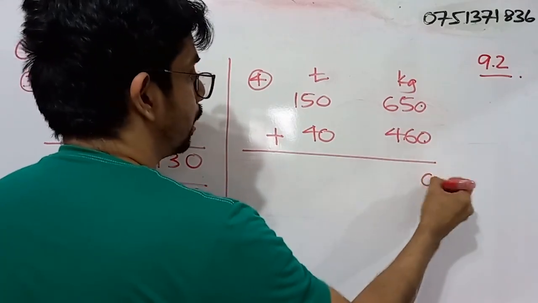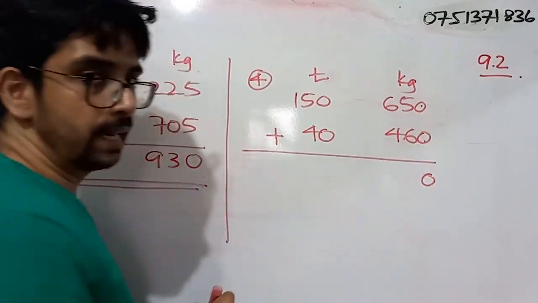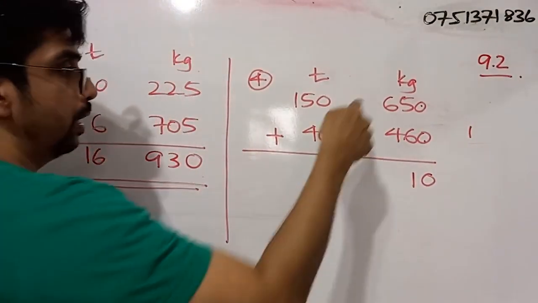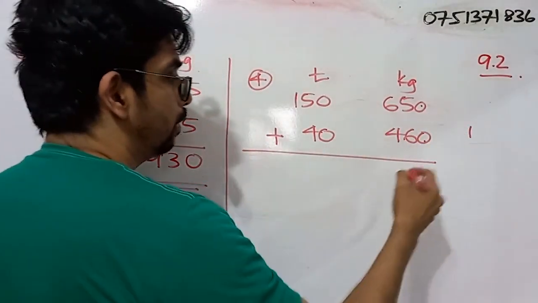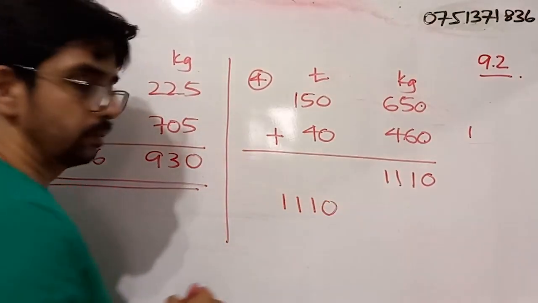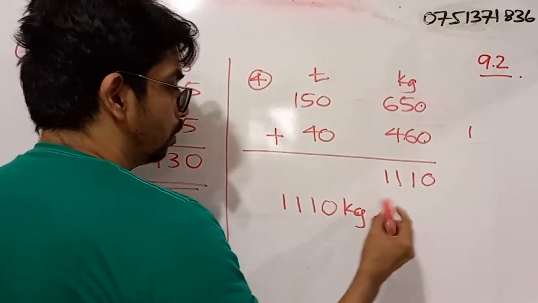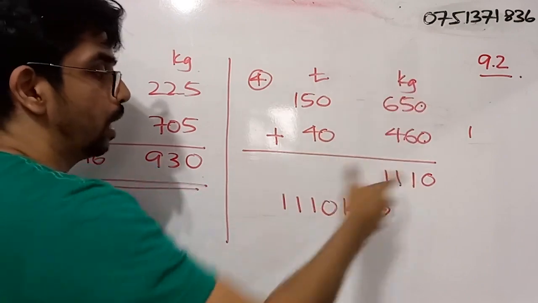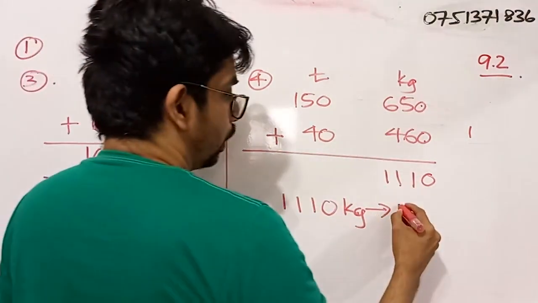Right? 0 plus 0, that's a 0. 5 plus 6, that is 11. So we put a 1, then regroup the 1. 6 plus 4, that is 10. Add the 1, it becomes 11. Altogether we have a 1110. But these are kilograms, no? But we cannot write 1110 under the kilograms column. Right? What do?